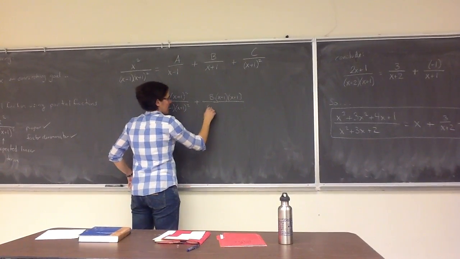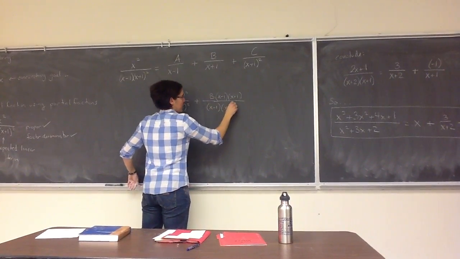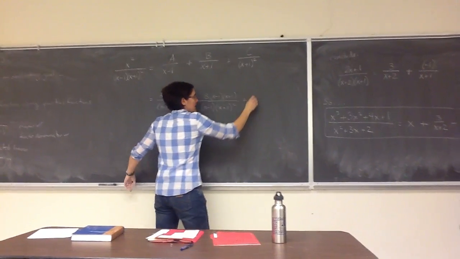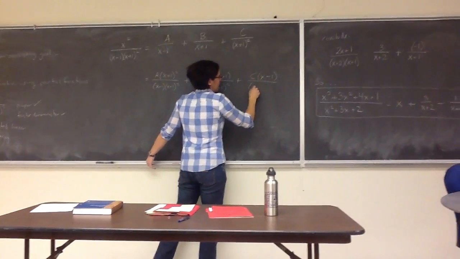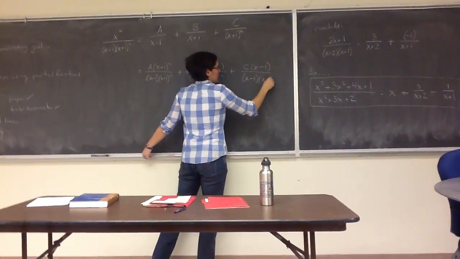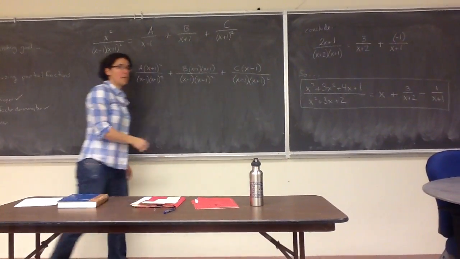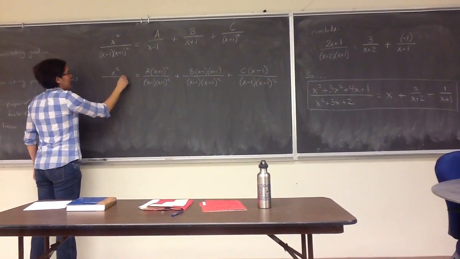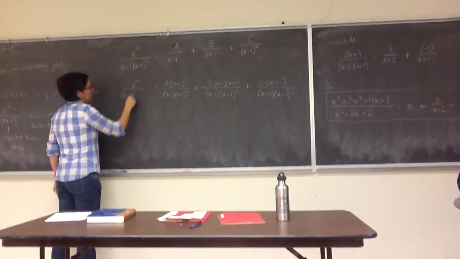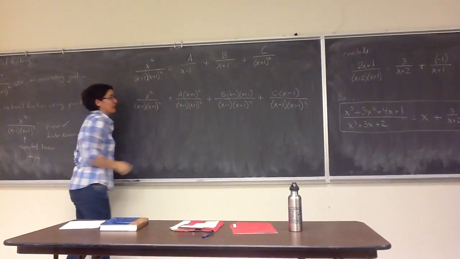And then on the bottom we have x minus 1 times x plus 1 squared. And for the c, we need just an x minus 1 to make the bottom be common with everything else. Alright, our left side is still x squared over x minus 1 times x plus 1 squared.